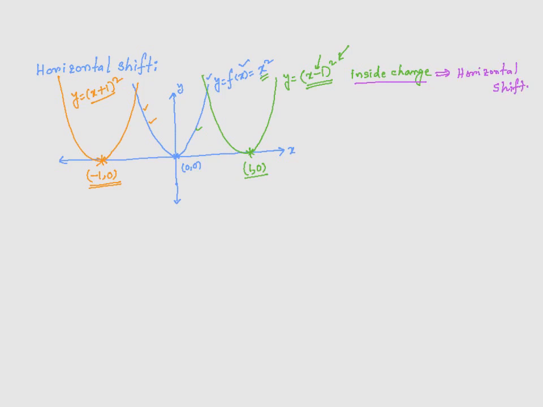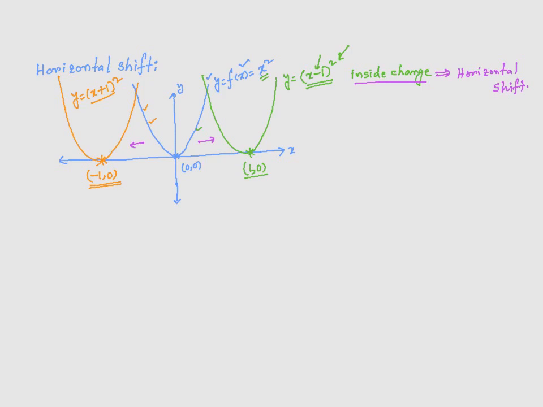When you are adding a positive constant inside the square, in essence you are moving to the left. That means you are shifting the function to the left. If you are subtracting a positive constant, you are shifting the function to the right. That means the graph moves to the right. So adding inside means moving the graph to the left. Subtracting inside means moving the graph to the right.